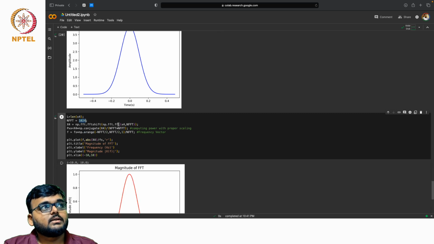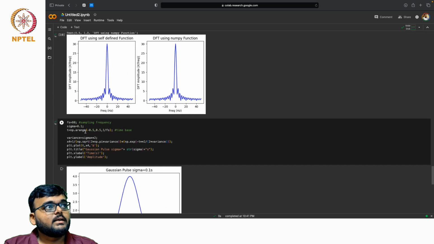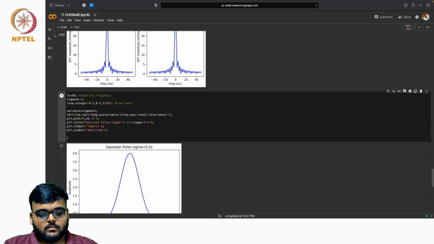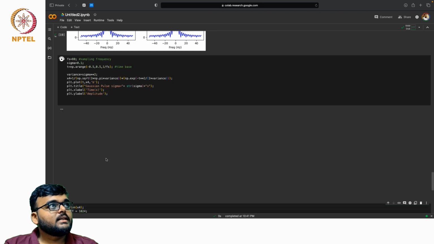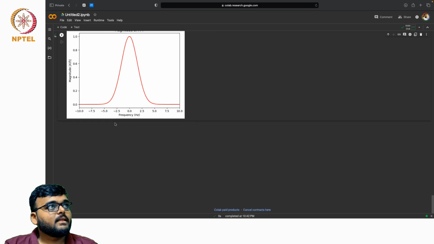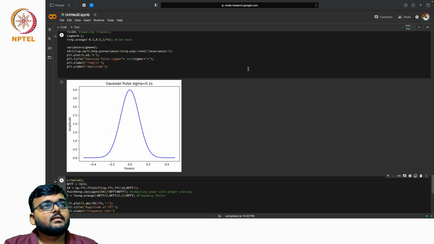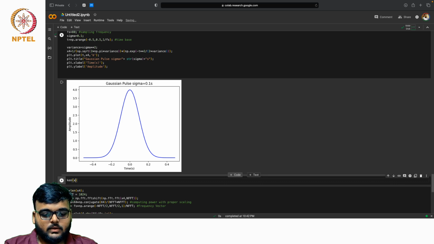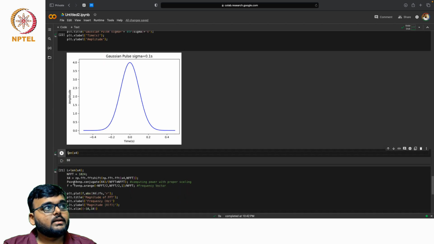So we defined here x4, the signal. If we see the signal length here, len of x4, len stands for length.